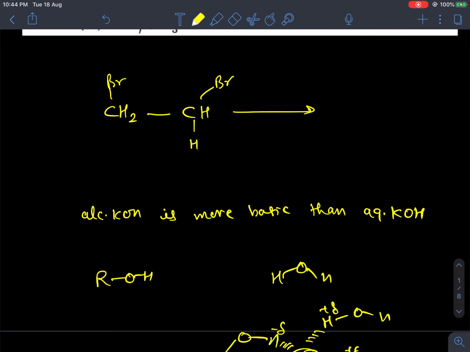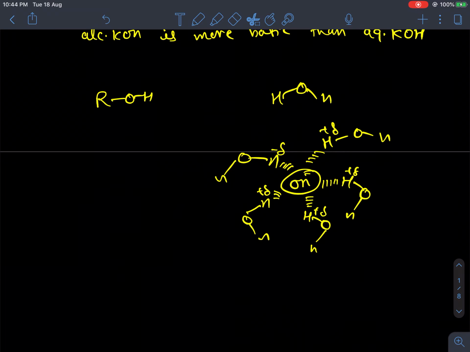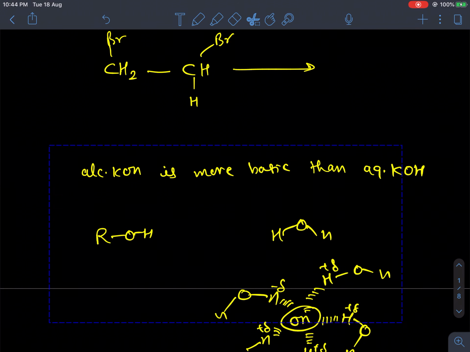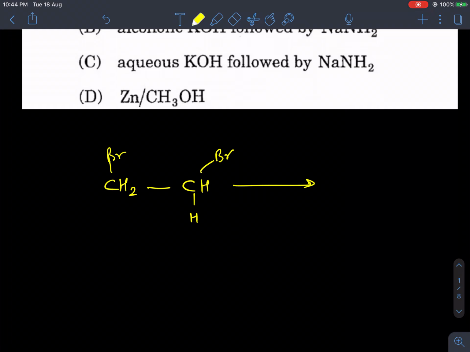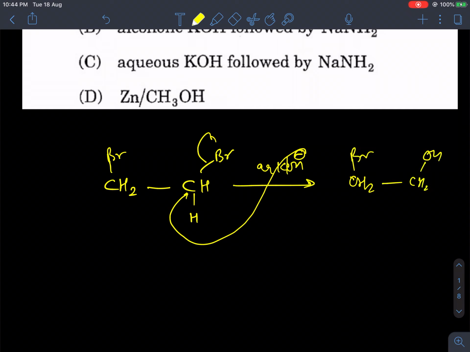So if you are taking the same set of things with aqueous KOH, then aqueous KOH will simply substitute. The OH minus will attack here and remove the bromine. Basically you are going to get SN2 substitution, you will get an alcohol. Similarly, if more OH minus is there, it will substitute the other one also.